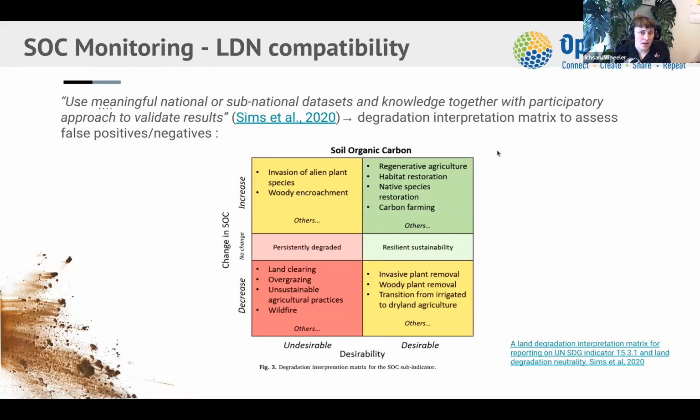The example given here for soil organic carbon is that you could have an increase in soil organic carbon, but it's not desirable, right? It's an undesirable state because it's a consequence of, say, weed invasion or woody encroachment. Okay, so your carbon goes up, but actually it's because of something that you don't want.